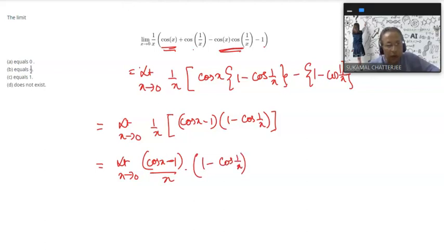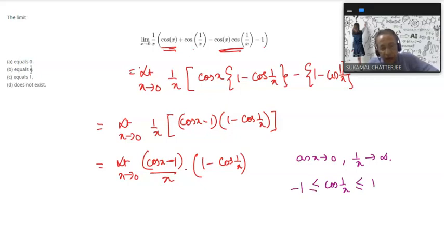Now we know that as x tends to 0, 1 by x will tend to infinity. So the value of cos of 1 by x can be anything between plus 1 and minus 1. So 1 minus cos of 1 by x will be between 0 and 2.